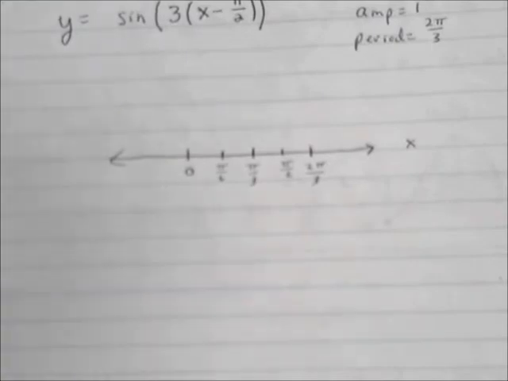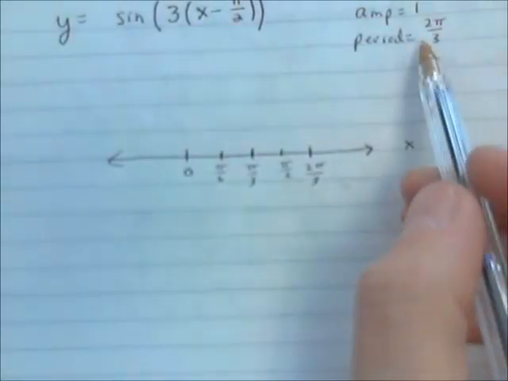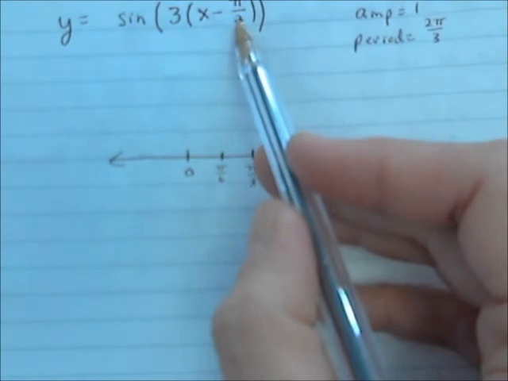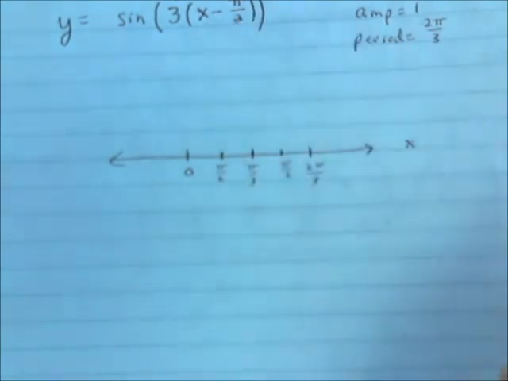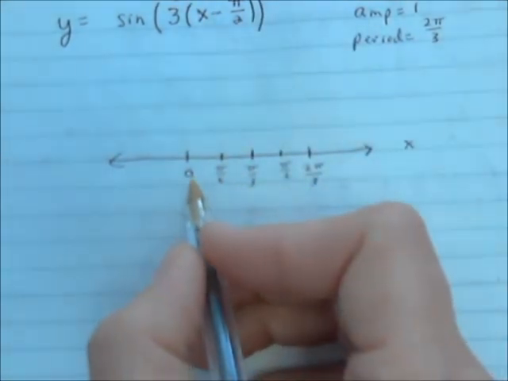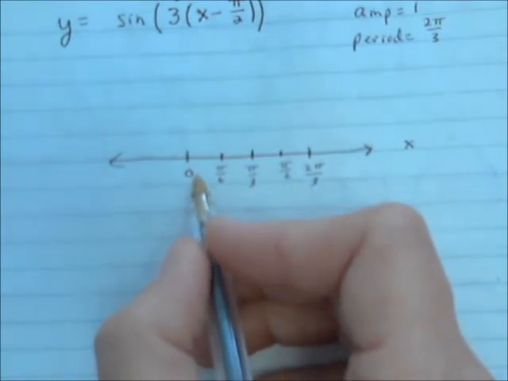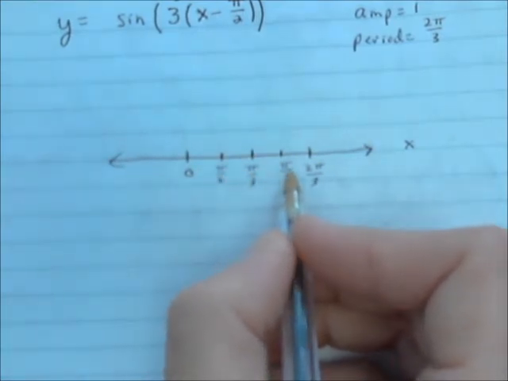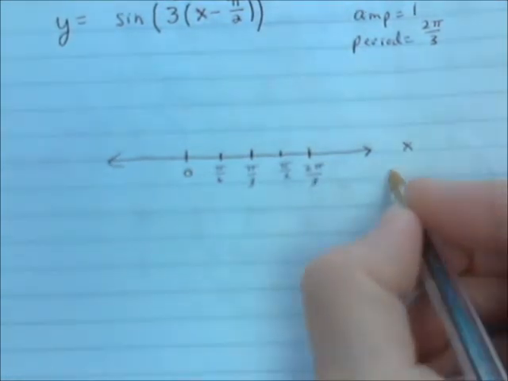Now the second job that you have is to take care of this shift to the right by pi over 2. So just like we did in class, you're going to take each one of these x values and you're going to add pi over 2 to them.